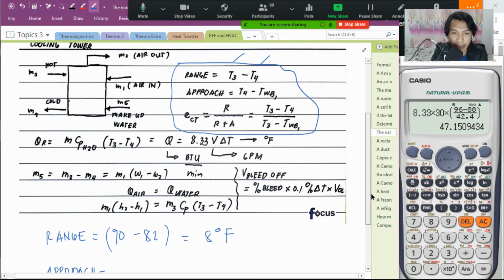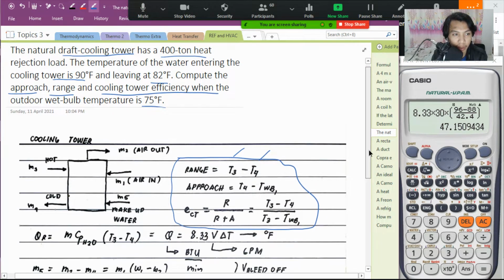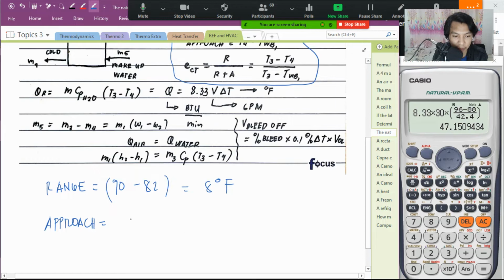That is T4 minus T wet bulb. Mali yung approach niya.